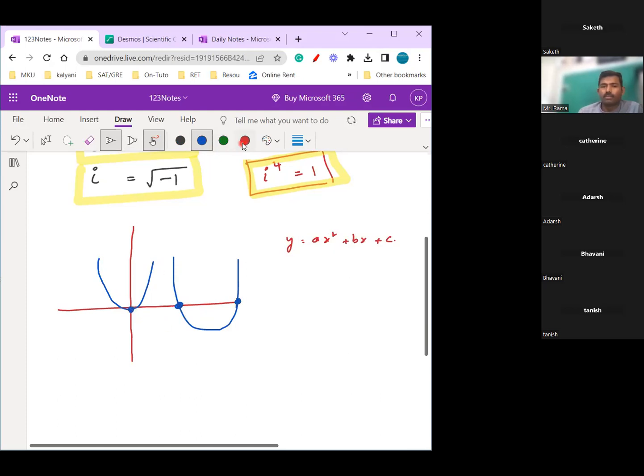And what if the graph is not touching the axis and is going like this? There are no roots here. There are no real roots. That's where imaginary numbers come into the picture, and also that's where you write all the complex systems and all those things.